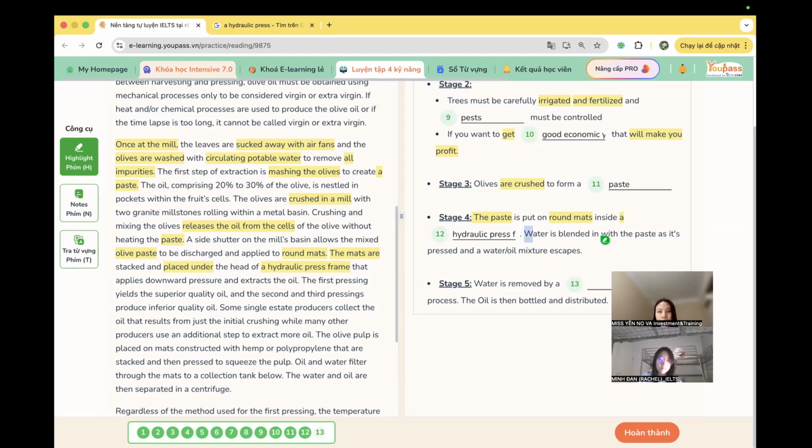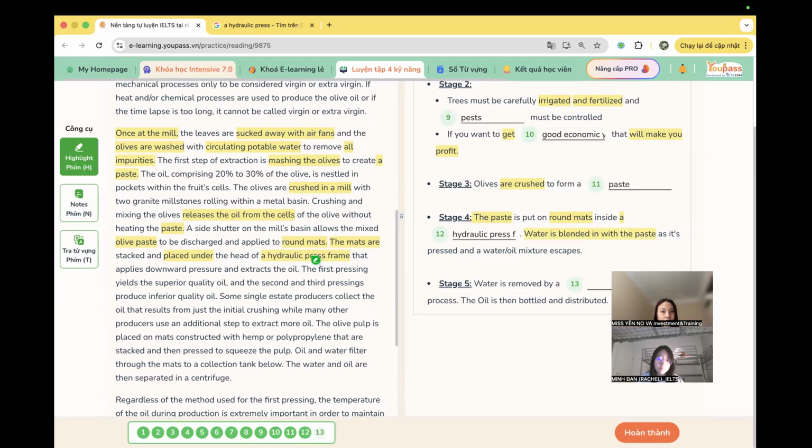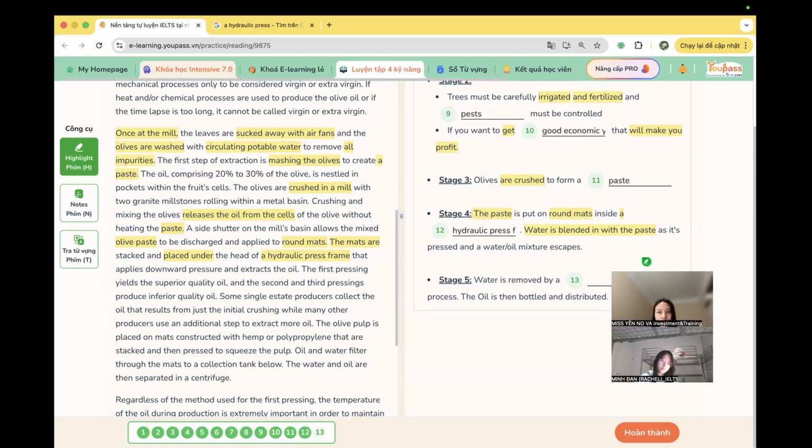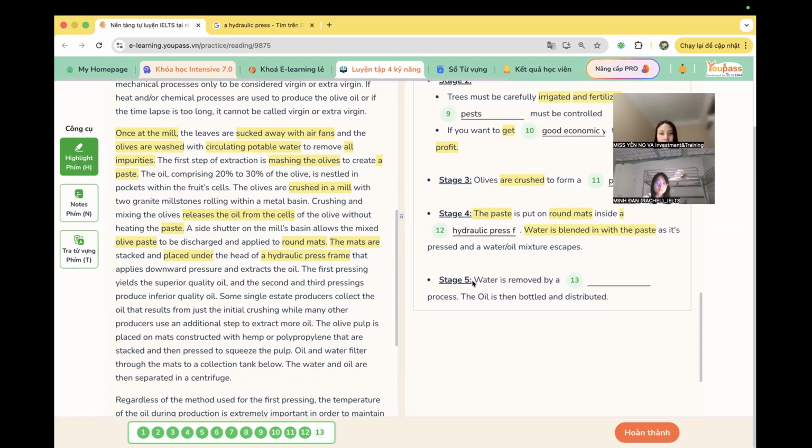So water is blended with the paste, and is pressed, and the water and oil mixture escapes. Stage number 5. Water is removed in the process.